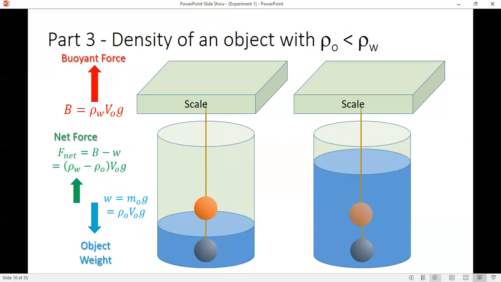Now, the problem with this is if it wants to float, we have to do something to keep it from floating. So we're going to take a piece of wood here, which density of the wood is less than the density of the water. We're going to attach a sinker to it, okay? And we are going to perform the same measurement before and after.